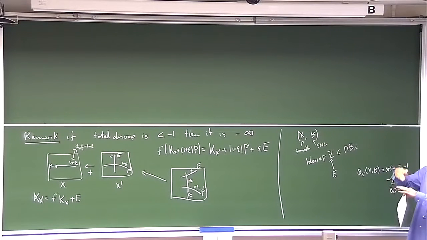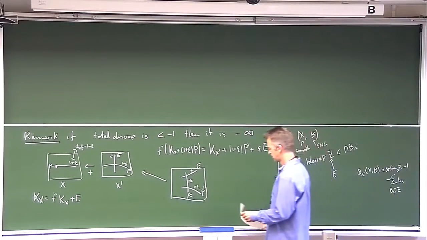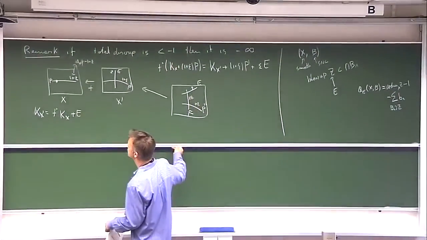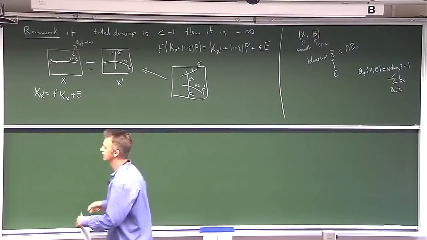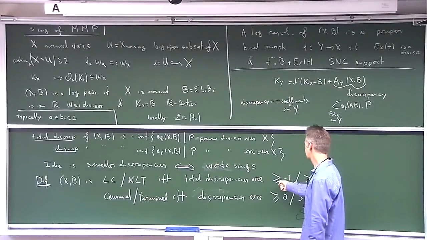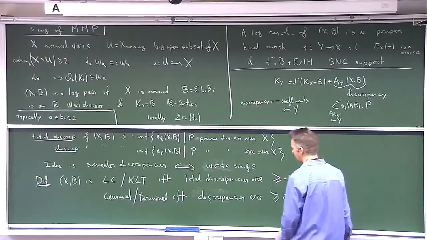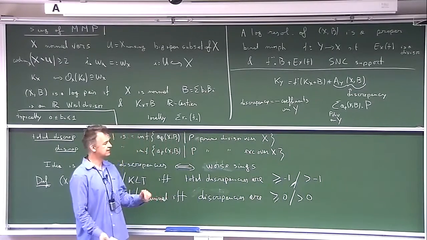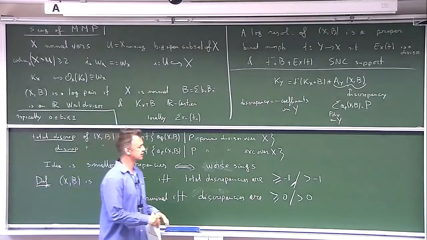If they're not smooth along Z, the contribution may be bigger. This is sort of the simple normal crossing contribution. Okay, so that's why the threshold minus 1 is important, and canonical versus terminal, that's a little bit more of an accident.